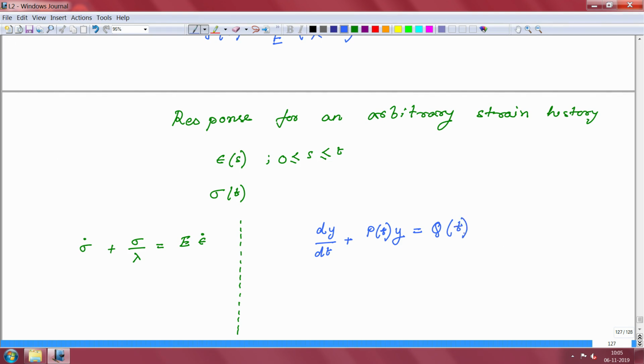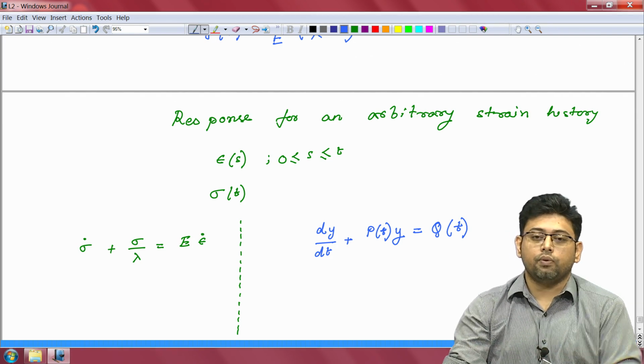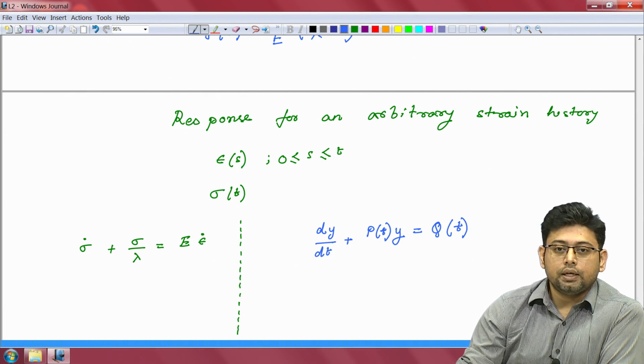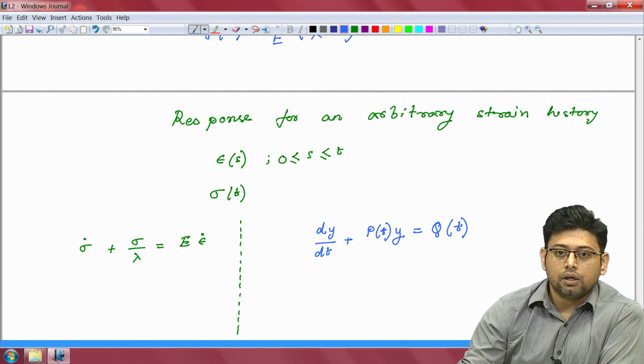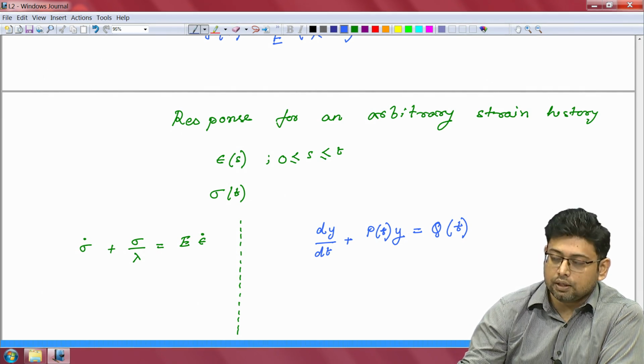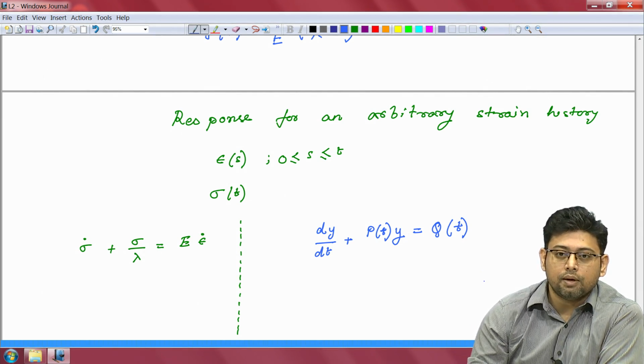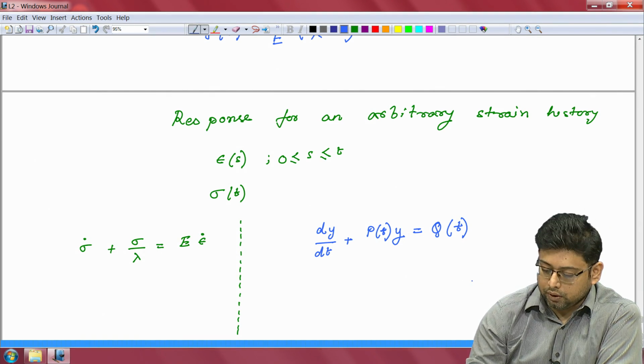This is a linear ordinary differential equation. If q of t is identically equal to 0, then you have a homogeneous equation. If q of t is non-zero, then it is a non-homogeneous equation.